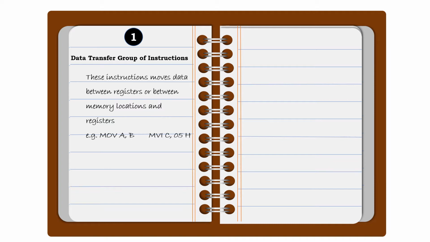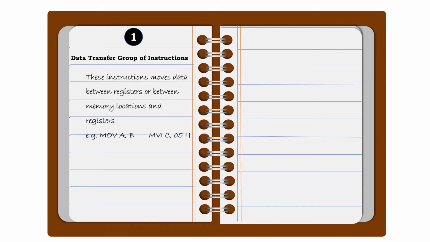Here they have given examples. MOV A comma B copies register B data to register A. I already explained that the destination comes first.